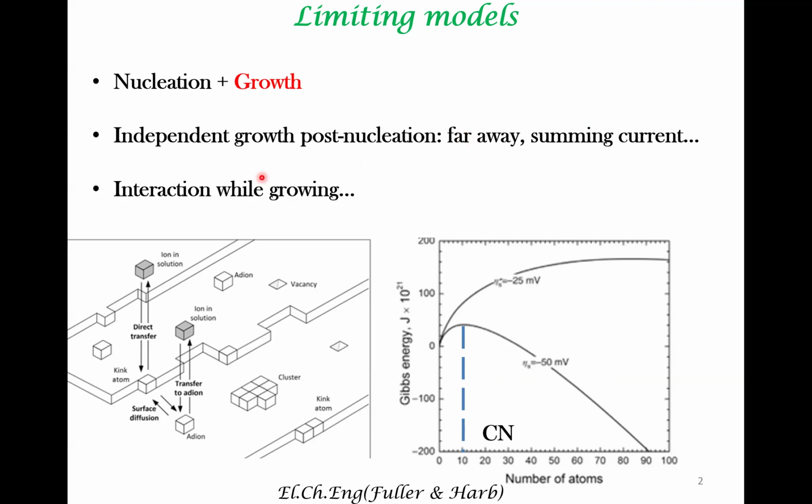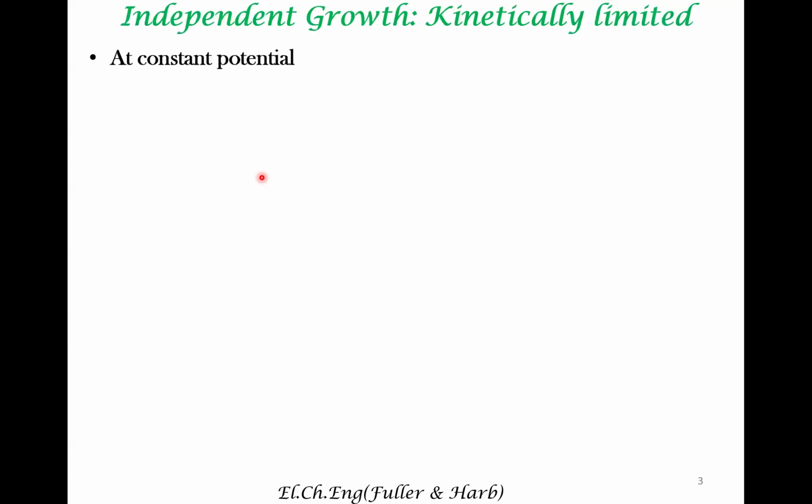In the other limit, the growing nucleus post nucleation, the growing crystal, is interacting. It can also be that in the initial stages of growth, there is not much interaction, and as the growth progresses, the interactions kick in. So in one of the models, we consider the growth at constant potential.